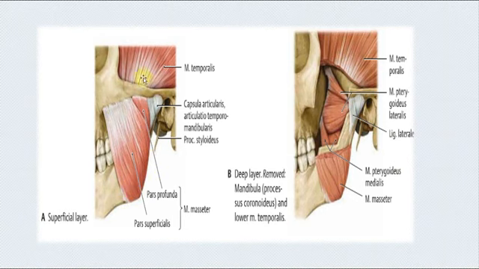Then we have the temporalis, and if we remove the masseter and part of the mandible and the temporal bone, the zygomatic process, we can see the musculus pterygoideus lateralis, these two divisions, the superior and inferior head, and we can also see the pterygoideus medialis, which are deeper layers.